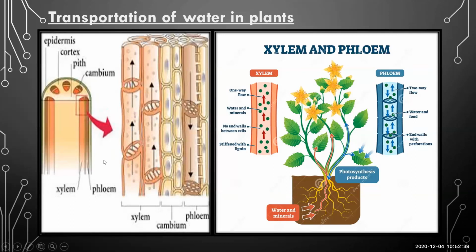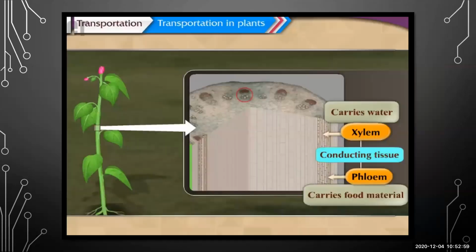Xylem is conducting the water in the upward direction only. It is a one-way procedure. From the roots, it will transport the water in the upward direction only. But phloem transports whatever food is synthesized in the leaf during photosynthesis to each and every part of the plant. You can see here clearly that xylem carries the water and phloem carries the food material.